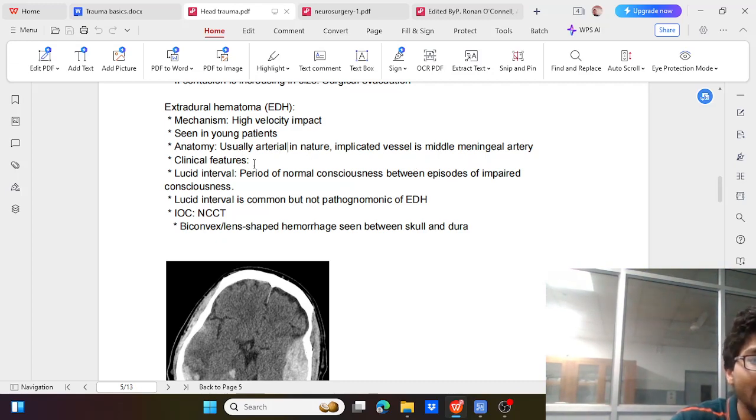So what are the symptoms? Apart from the common symptoms like defect in GCS, the special one is the lucid interval, which we all should know. Here there is a period of normal consciousness. The patient initially has loss of consciousness, then becomes normal, then again has loss of consciousness or impaired consciousness.